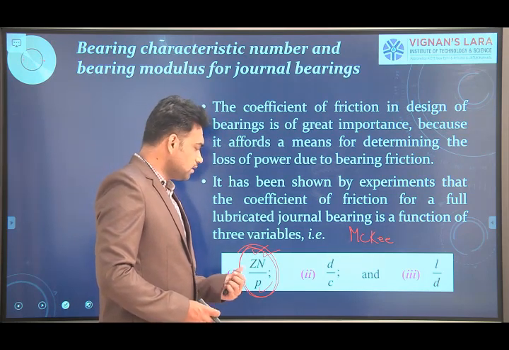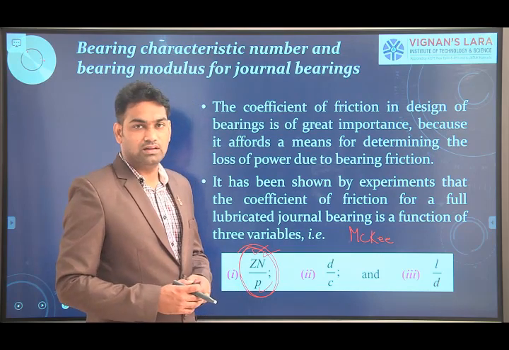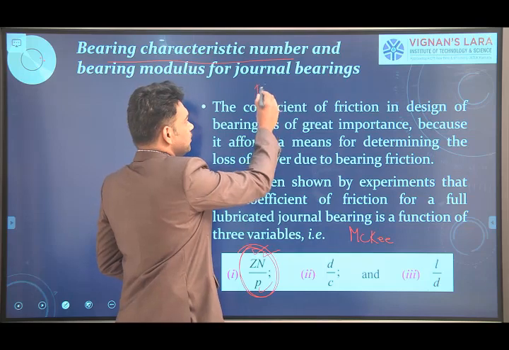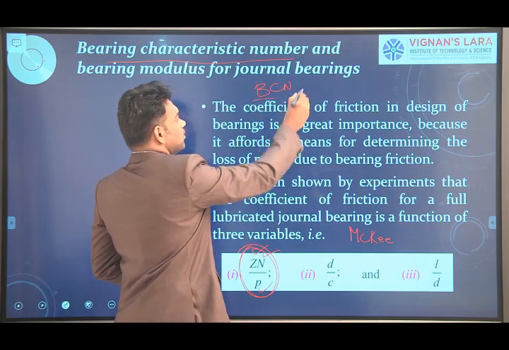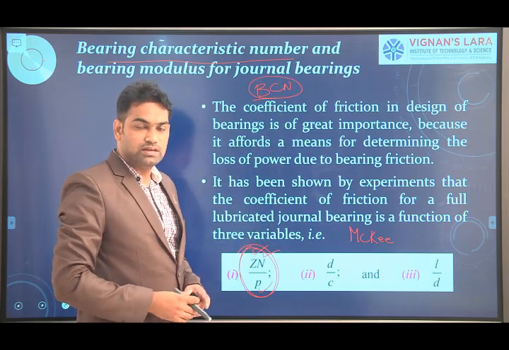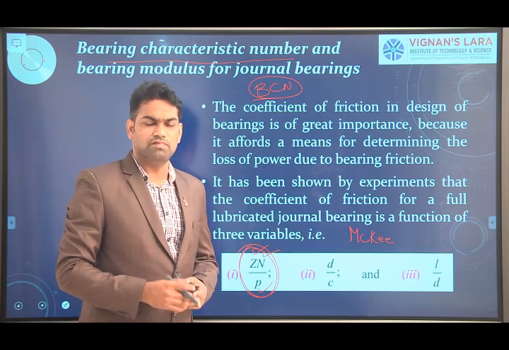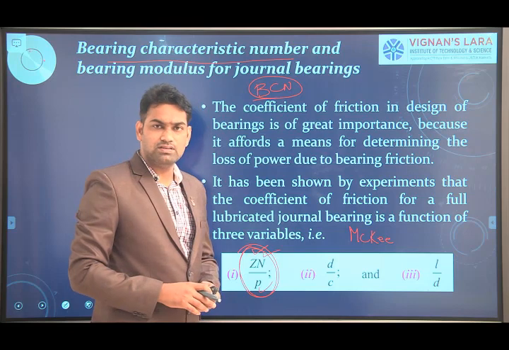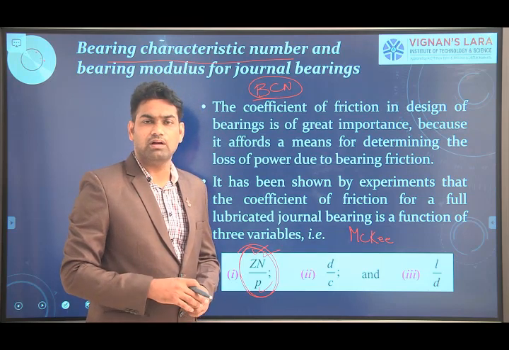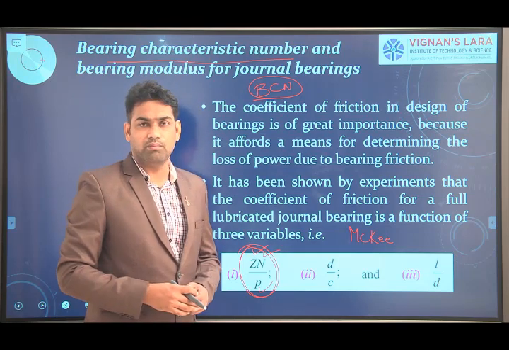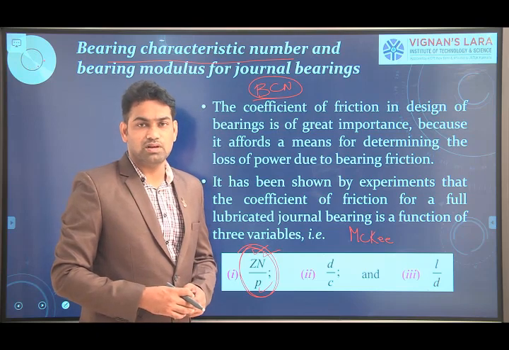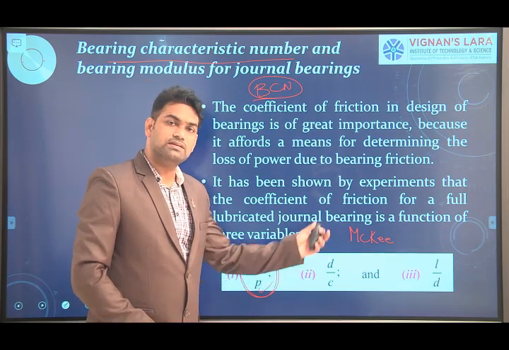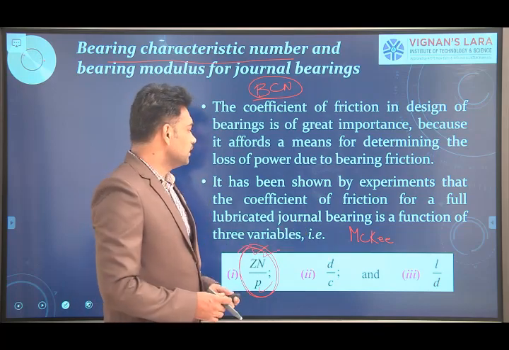This Zn by P we can also call the bearing characteristic number, or BCN in short. It is a significant number to determine the amount of friction between the two surfaces. And there are two other parameters, that is D by C and L by D. Clear?